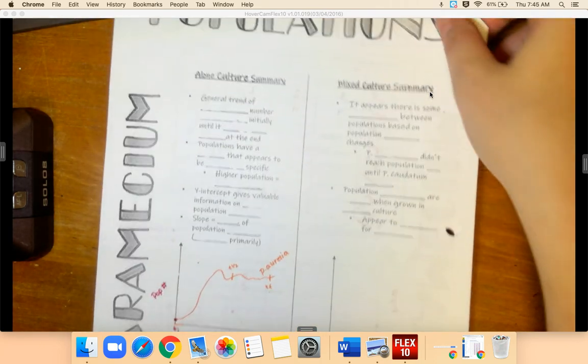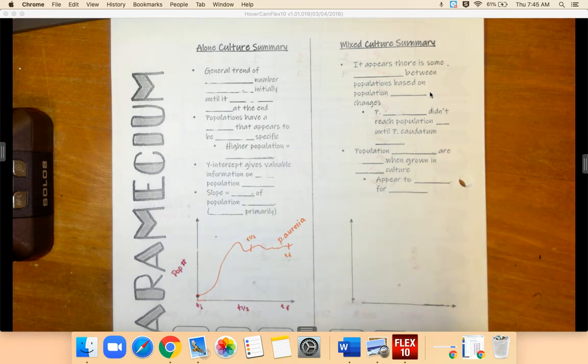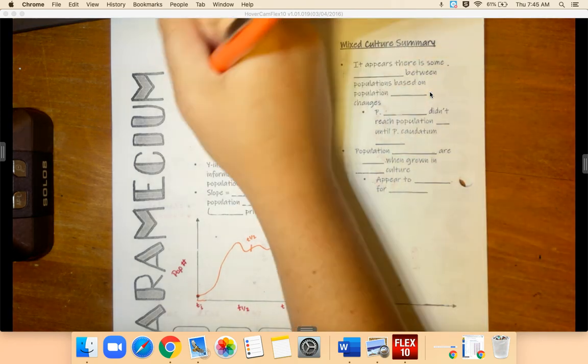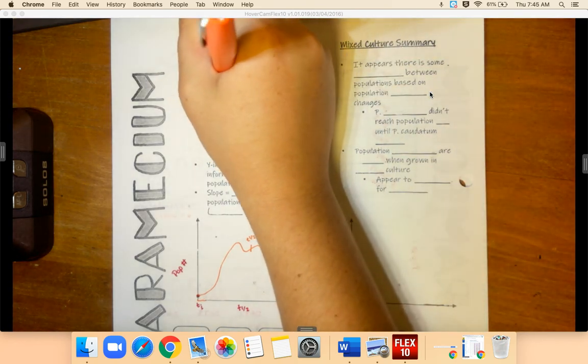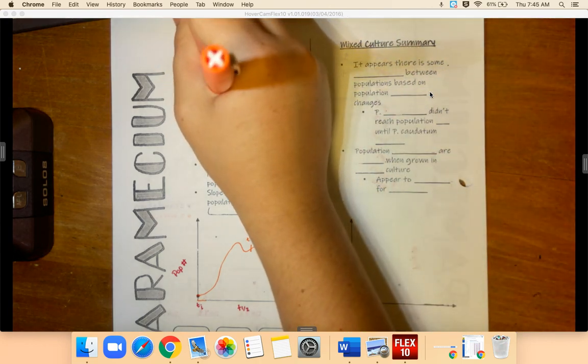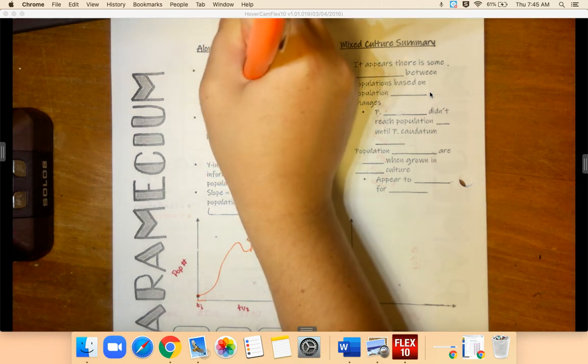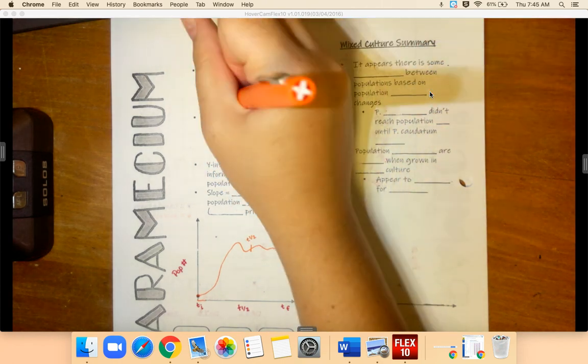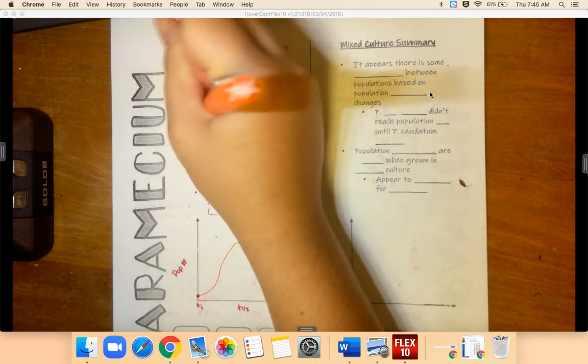So let's go ahead and talk about our findings. The general trend of population number increases initially until it levels off at the end.